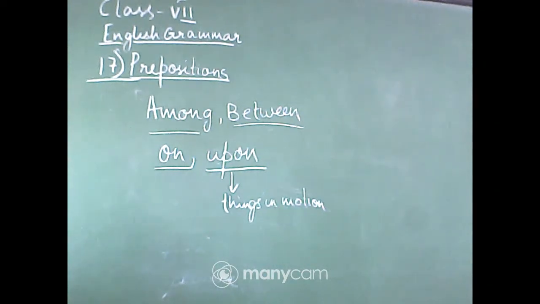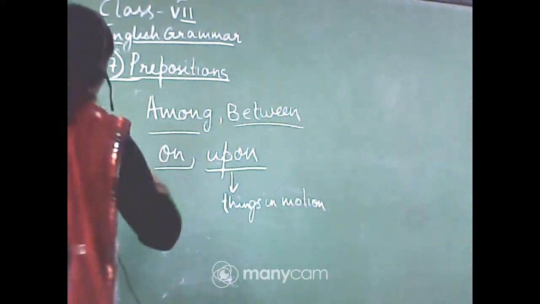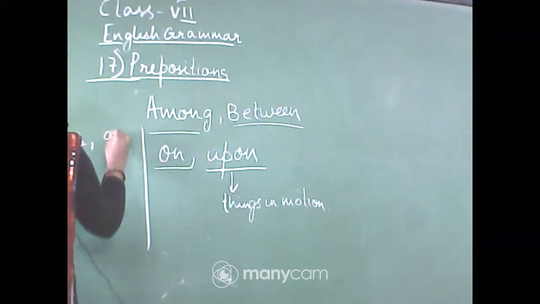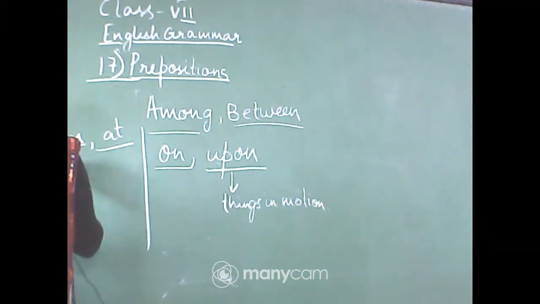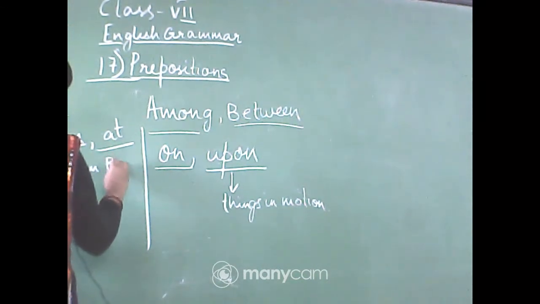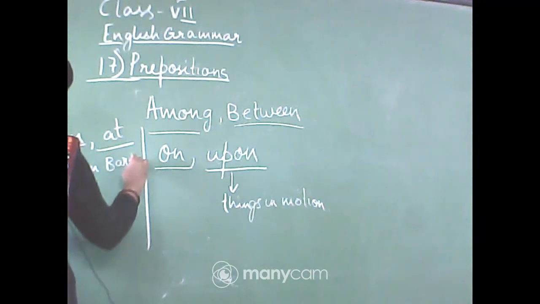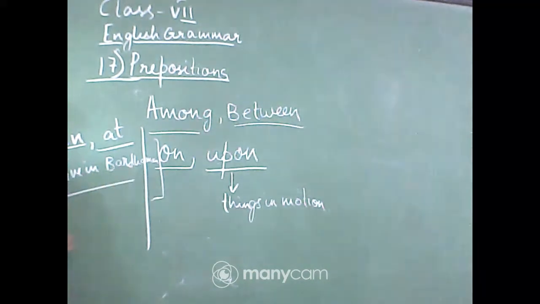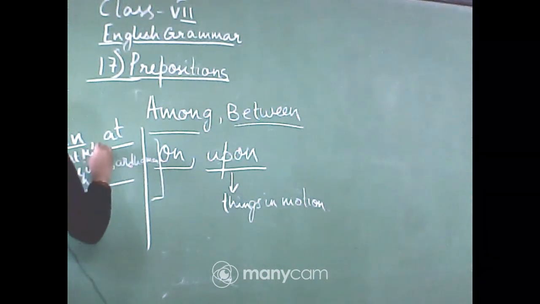In is used to indicate a large area, we know this already. Suppose 2 addresses are given. If you write, I live in Bardhaman, this is a sentence. Now, if you want to give a specific location, you will write, I live at Mirzapur in Bardhaman.